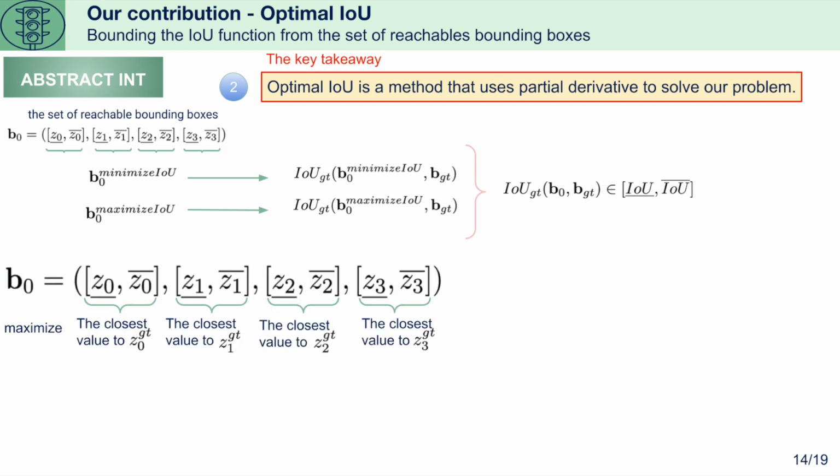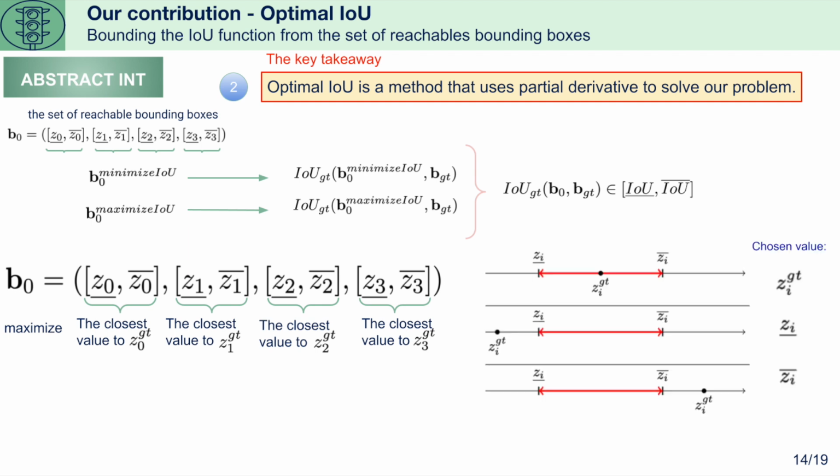Thanks to this, for example, for the maximization, we need to find the value closest to the ground truth coordinate for each coordinate. If the ground truth is within the interval, we simply choose it. If it's on the left, we take the lower bound. If it's on the right, we take the upper bound.